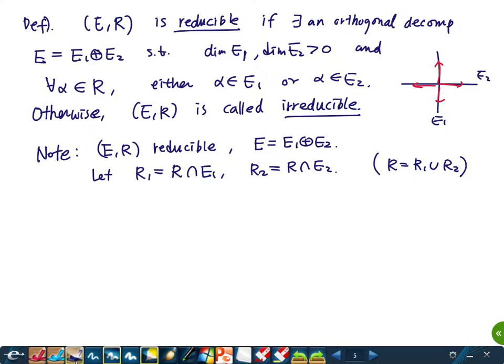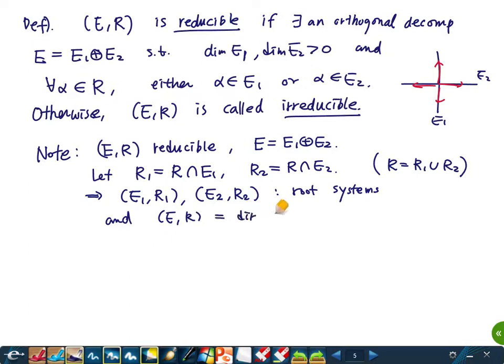In this case, E1, R1 and E2, R2 can be checked to be root systems, and E, R is the direct sum of these two root systems. So reducible means we can write it as a direct sum of two non-trivial root systems.